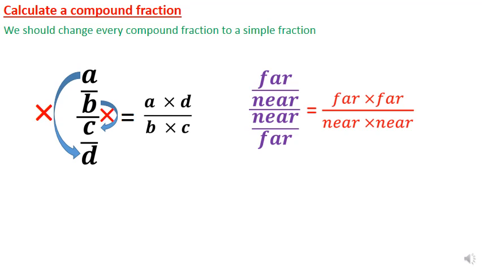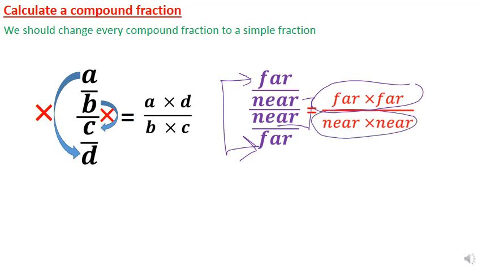So the far numbers are A and D, and the near numbers are B and C. So B is near to C, A is far from D. So we'll multiply the far numbers over the multiplication of near numbers. Far times far, we put it as a numerator. Near times near, we put it on the denominator.